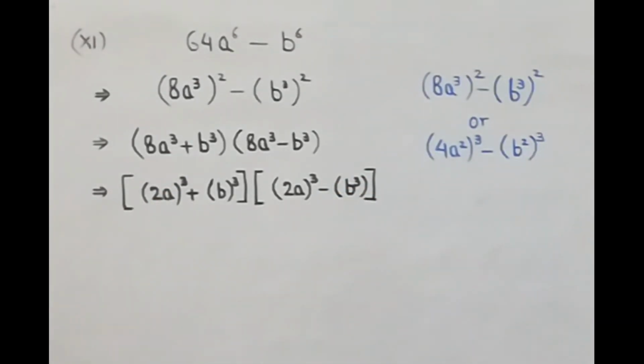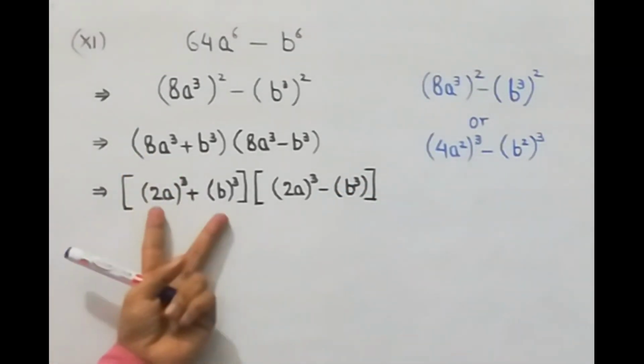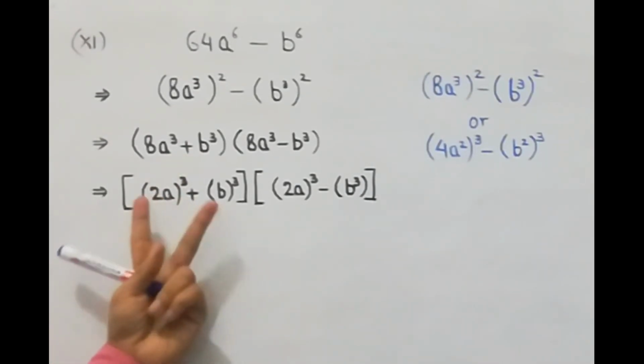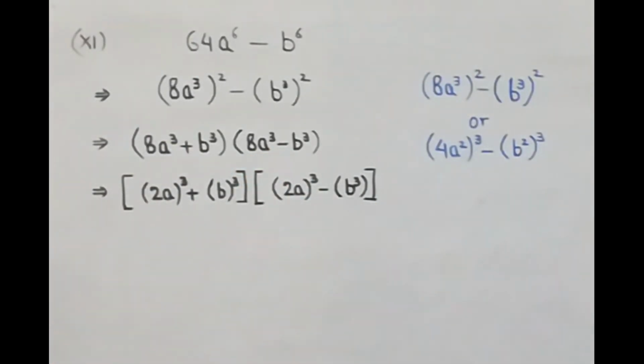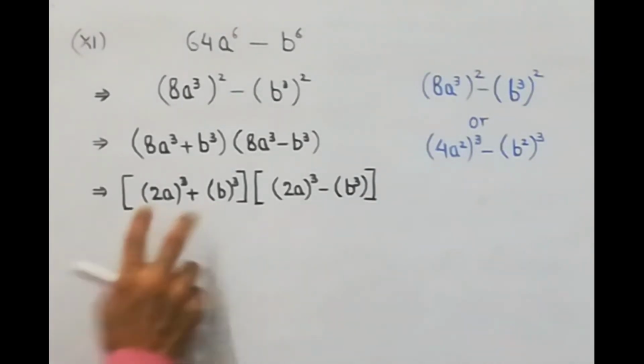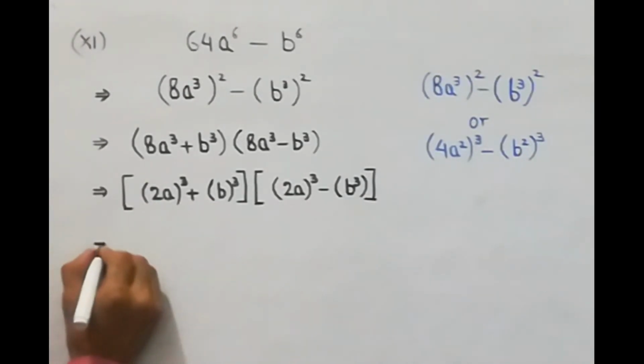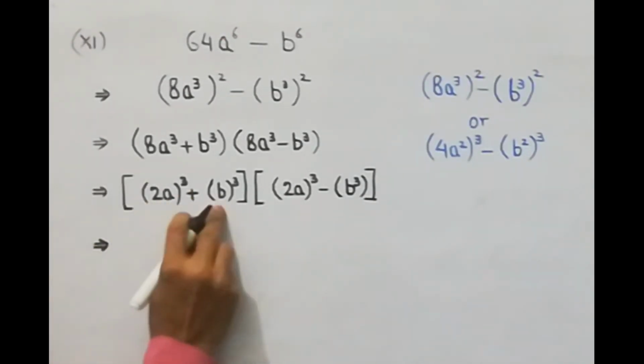Okay, now you see, after converting these two as sum of two cubes and these two as difference of two cubes, now which formula can we go for? Now we can go for the formula a cube plus b cube in the first bracket and then a cube minus b cube in the second bracket. So here we are going for a cube plus b cube.